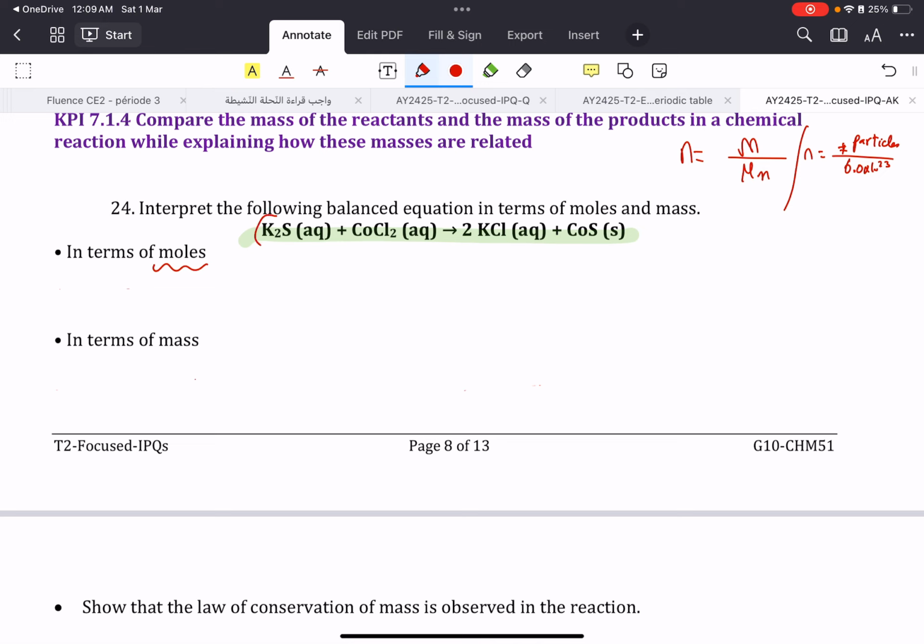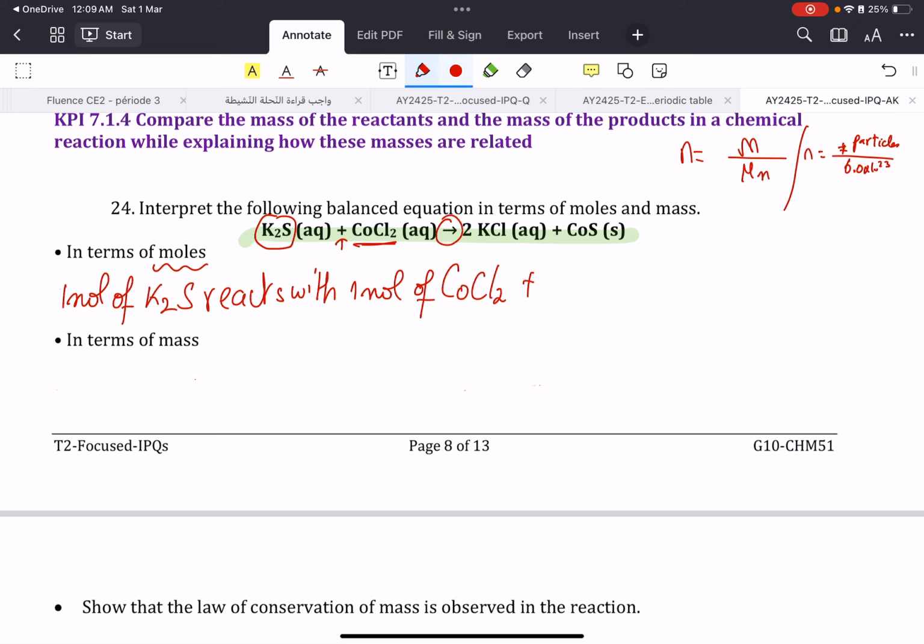So you will say 1 mole of K2S, you don't have to know the name, reacts with 1 mole of COCl2 to give, to produce, to form, to yield, you can say whatever you want, 2 mole of KCl and 1 mole of COS. There you go.